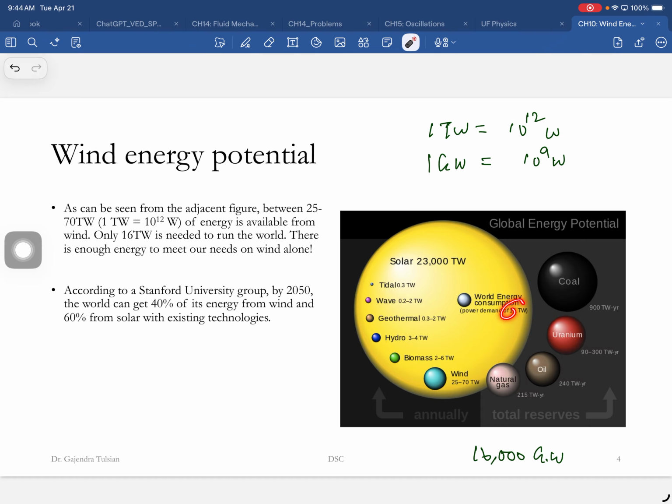That's where our comment about offshore winds comes in. Offshore, if the wind velocity is twice as much, you're getting 8 times the power. So if the cost of an offshore windmill is twice as much, and you're getting 8 times the power, would you not do that? Of course you do.